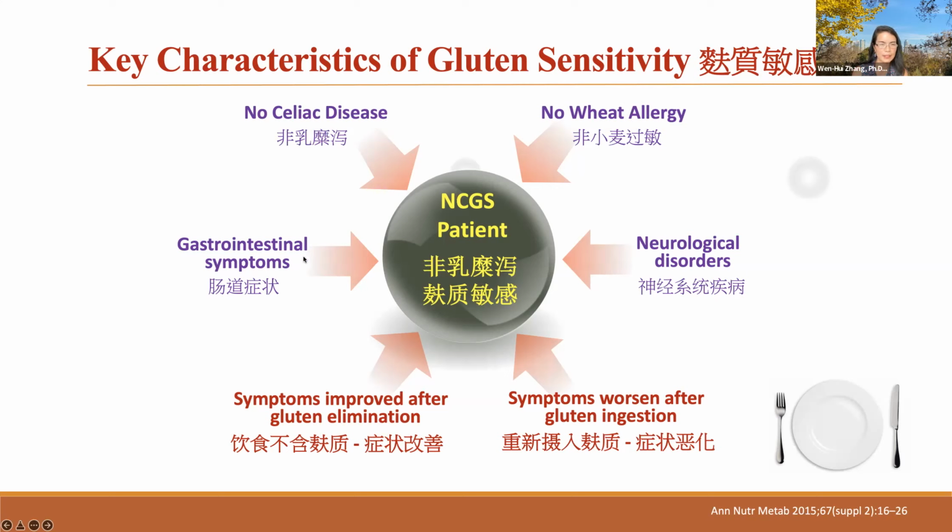So they have the gastrointestinal symptoms, which we talked about in the previous slide. And the symptoms also include some neurological disorders like depression, headache. Then if they eliminate gluten from their diet, the symptoms will improve dramatically, almost quickly.